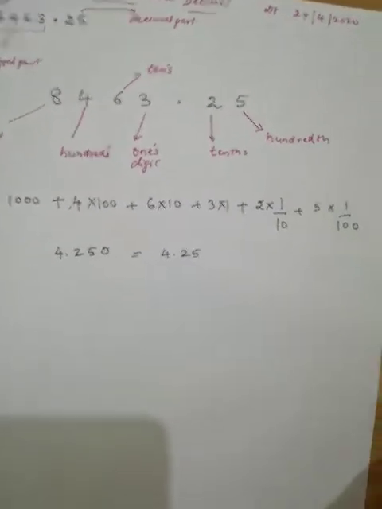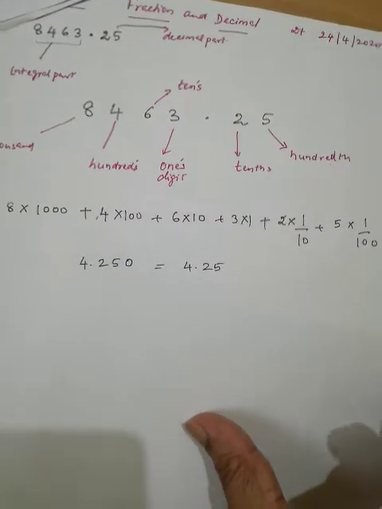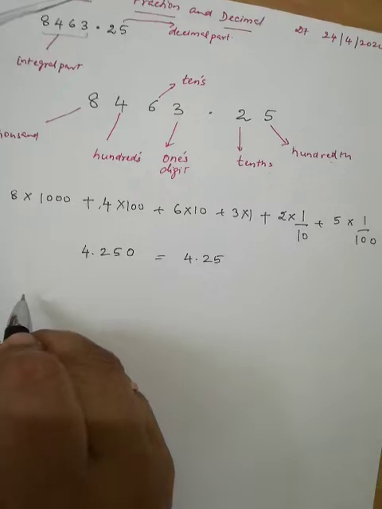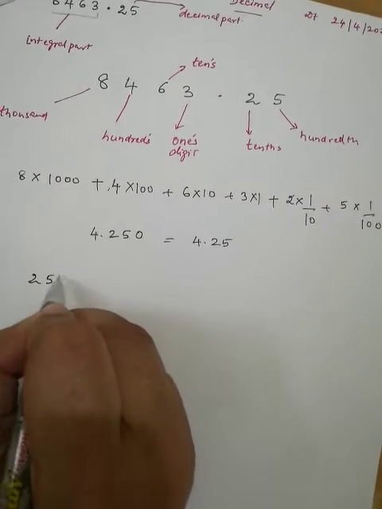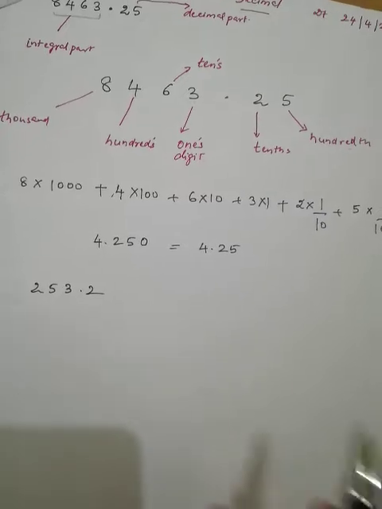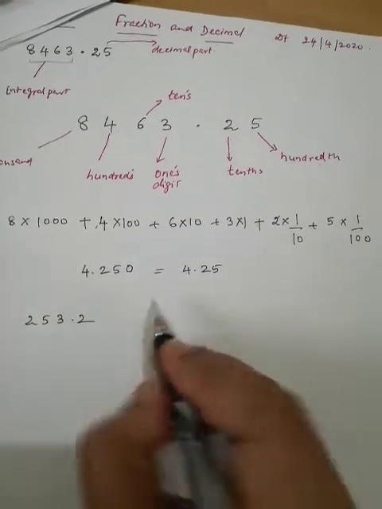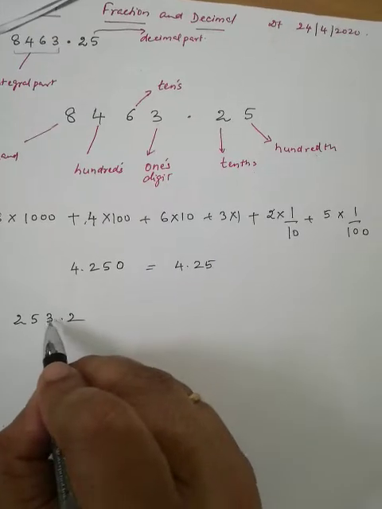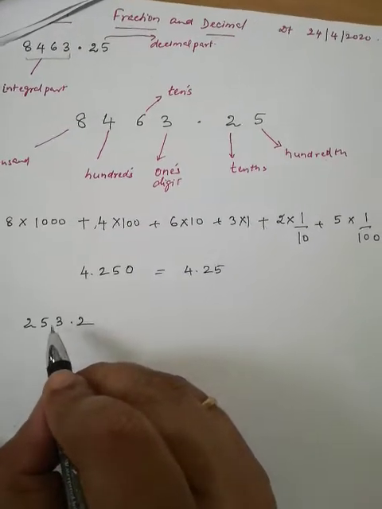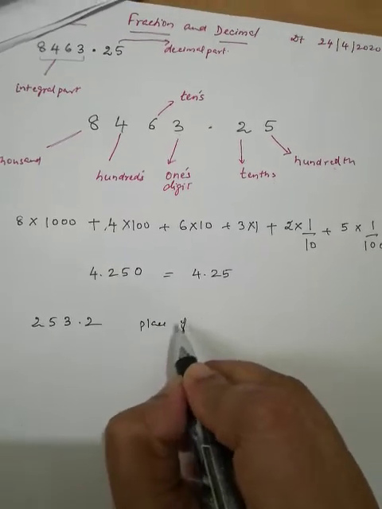Okay, now we are going to do how to write the place value of some particular digit. Suppose I have to write the place value of 3 in this number. The place value of 3 will be 3 into 1, because 3 is in the units digit, that is in the ones digit.